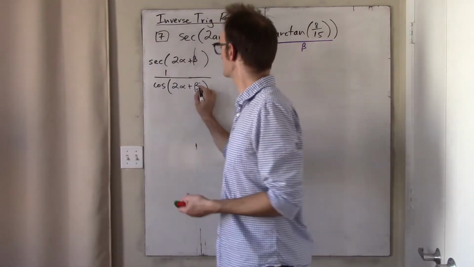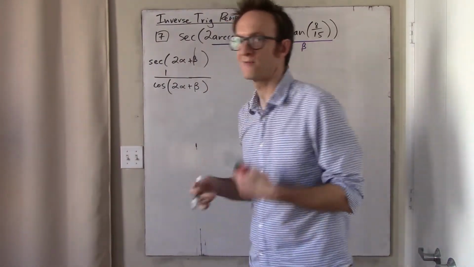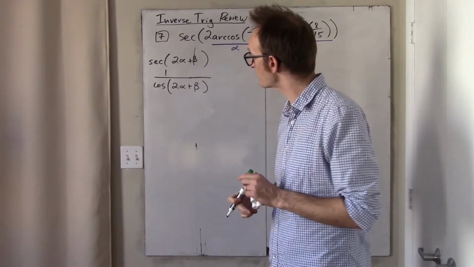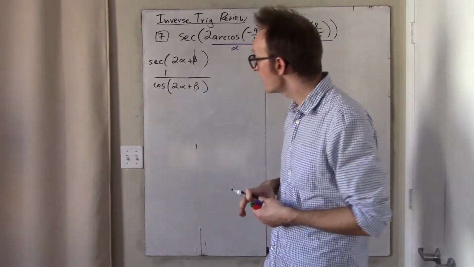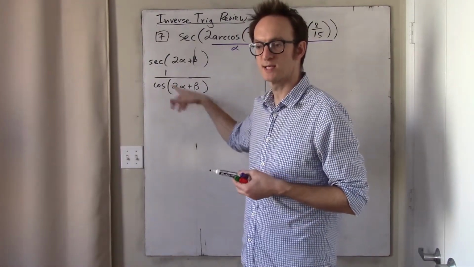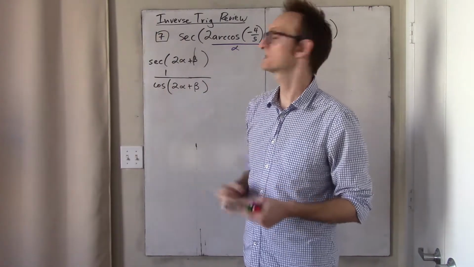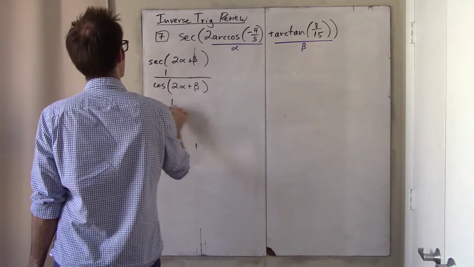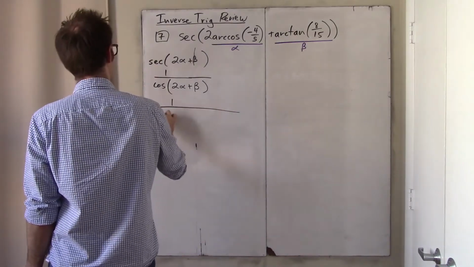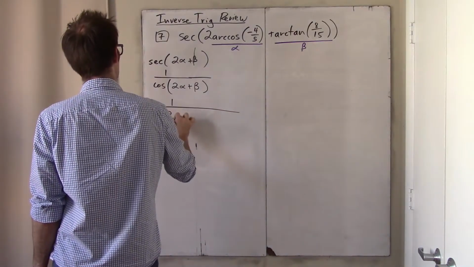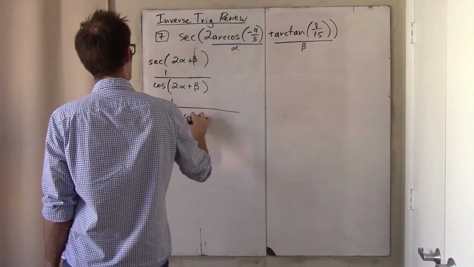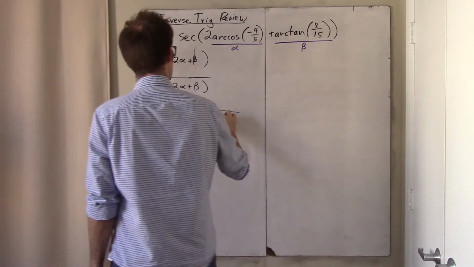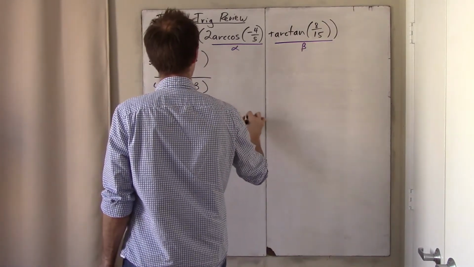It's one of the formulas from which you can derive all the rest. Cosine of x plus y is cosine x cosine y minus sine x sine y. So I will simplify this as 1 over cosine 2 alpha cosine beta minus sine 2 alpha sine beta.